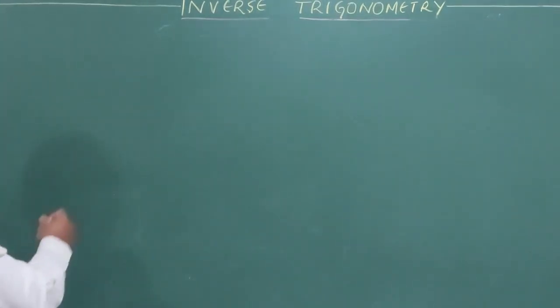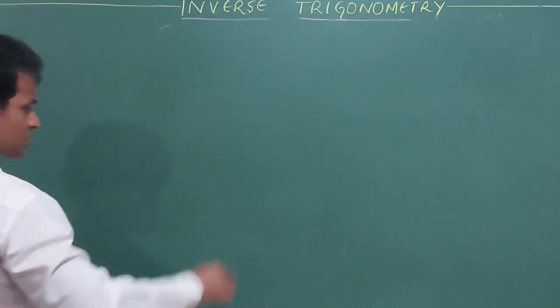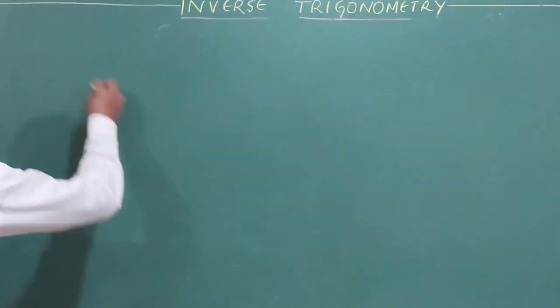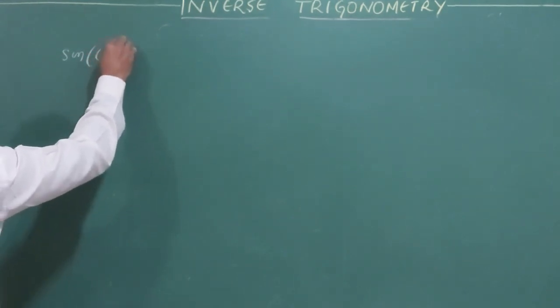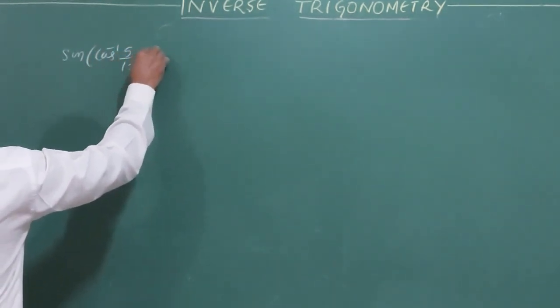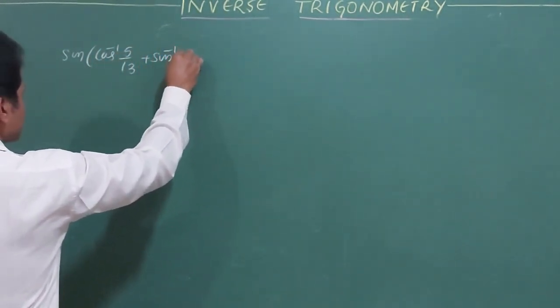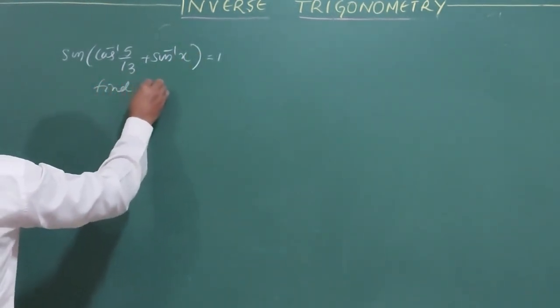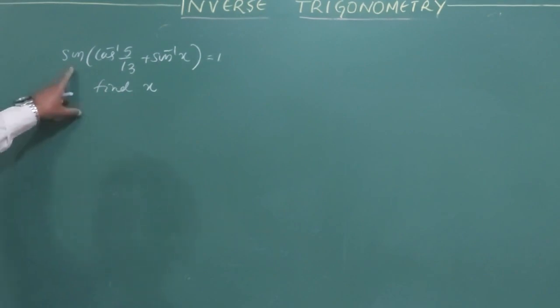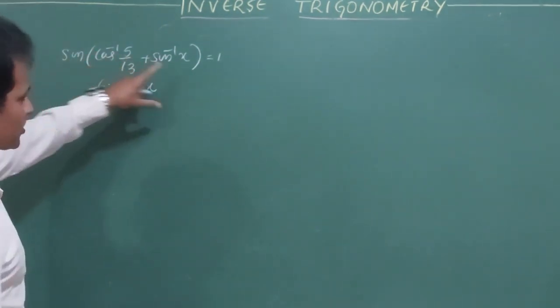Regarding sin inverse plus cos inverse equal to pi by 2, we will solve a question. Sin of cos inverse 5 by 30 plus sin inverse x is equal to 1. Find x. Okay, this is given to us. Apply sin inverse to both the sides.